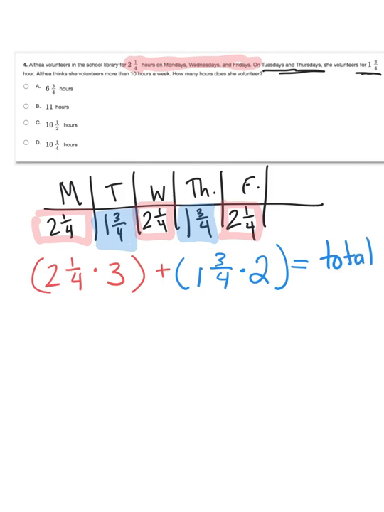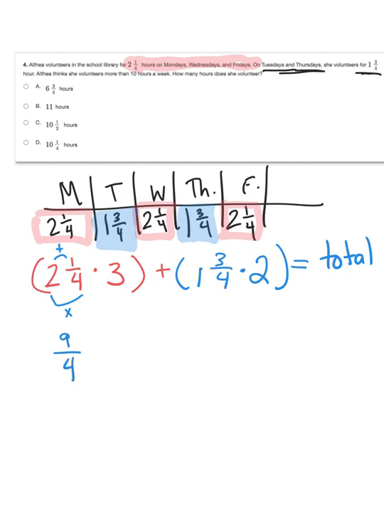Okay, let's go ahead and multiply 2 1/4 times 3. We need to convert 2 1/4 to an improper fraction. So I'm going to multiply and then add. 4 times 2 is 8, plus 1 more is 9/4.